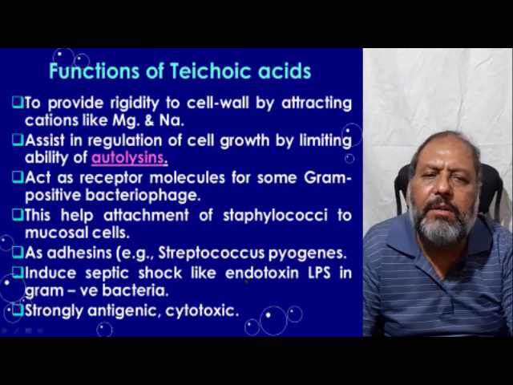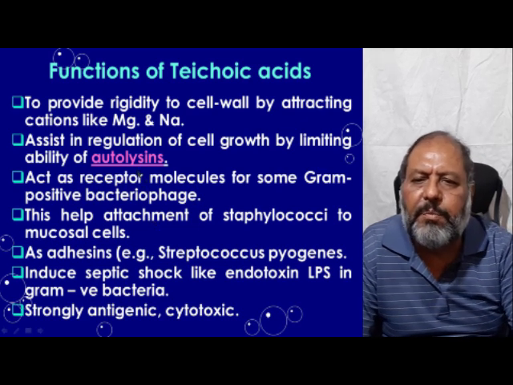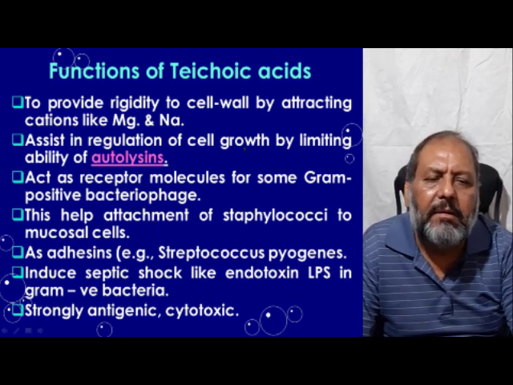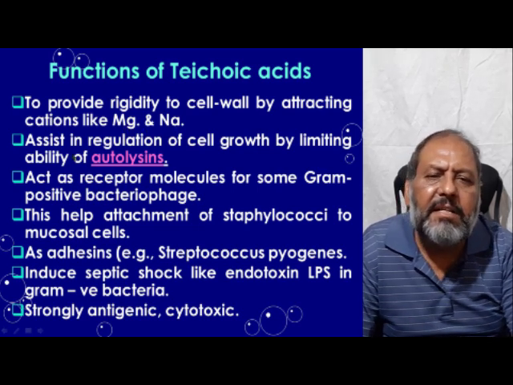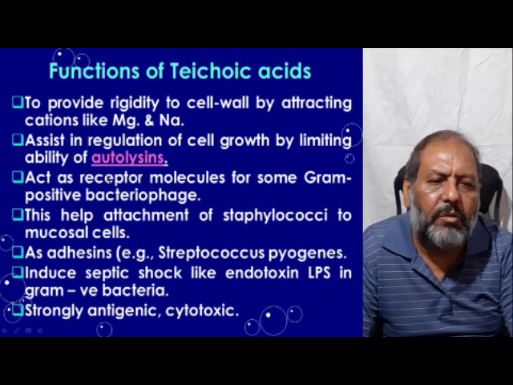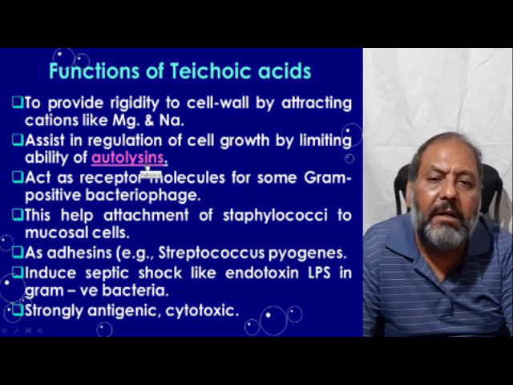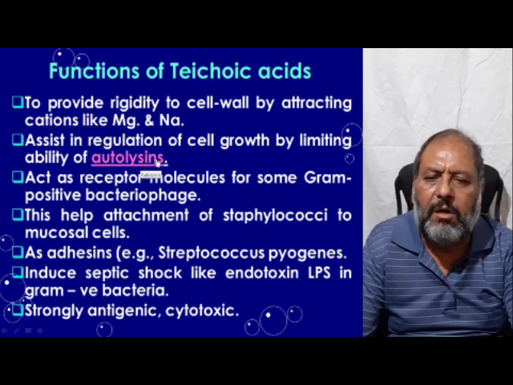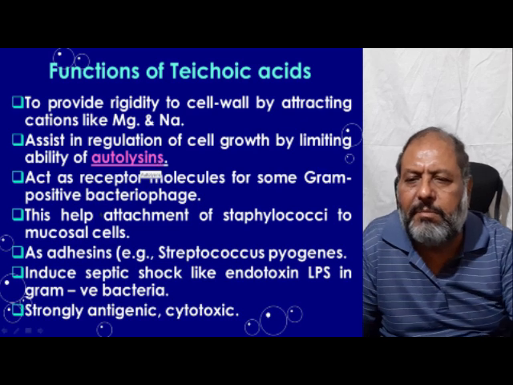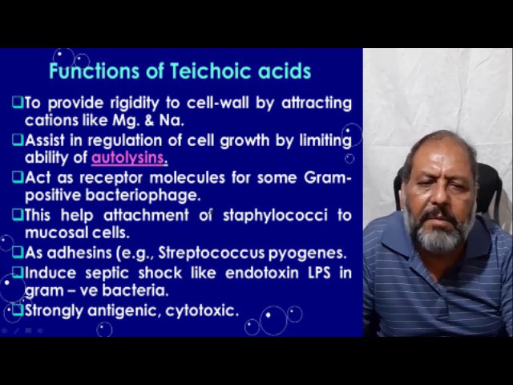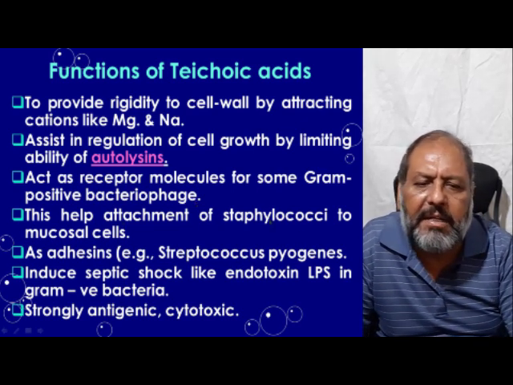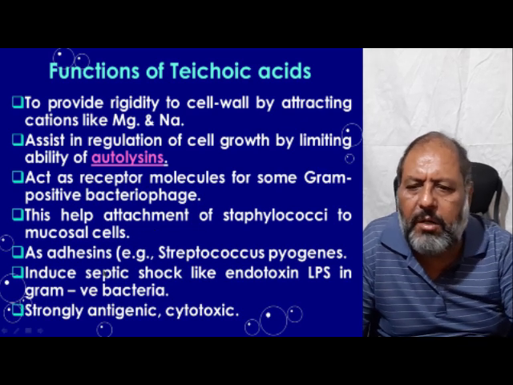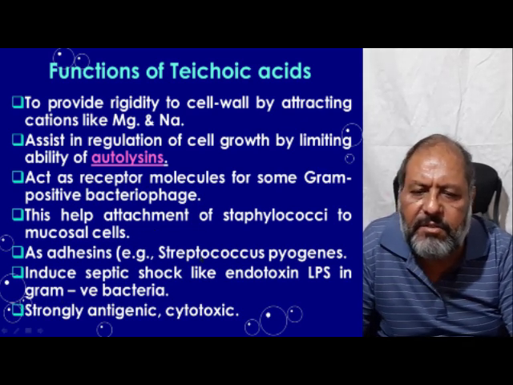Now, what is the function of the teichoic acid? They provide rigidity to the cell wall by attracting cations like magnesium and sodium, assist in the regulation of cell growth by limiting the ability of the autolysins, that is, they do not allow the autolysins to destroy the bacteria, and act as a receptor molecule for some gram-positive bacteriophages. This helps attachment of staphylococci to the mucosal cells, as teichoic acids act as adhesins.